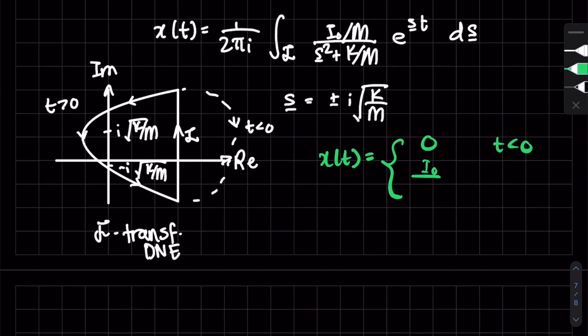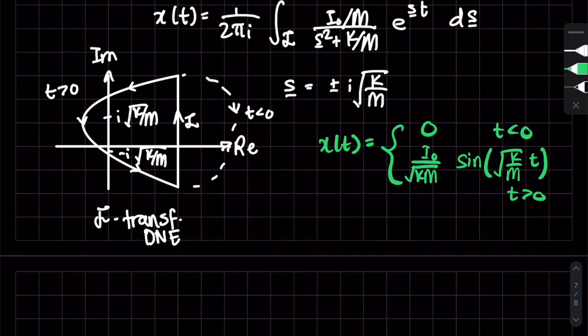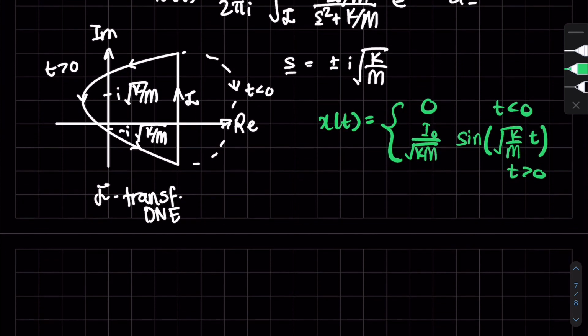I naught over square root km, times the sine of square root k over m times t, for t greater than 0. This is kind of expected. It's got this initial amplitude term and a sine oscillating at the natural frequency, square root k over m.